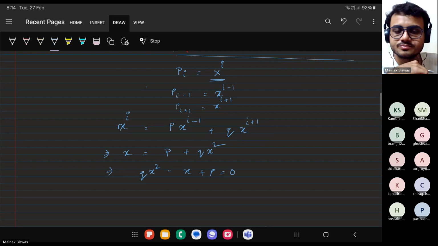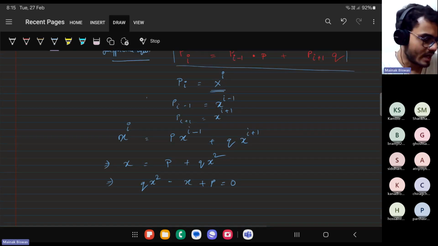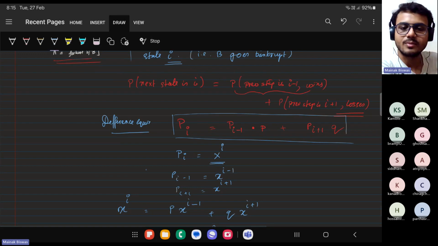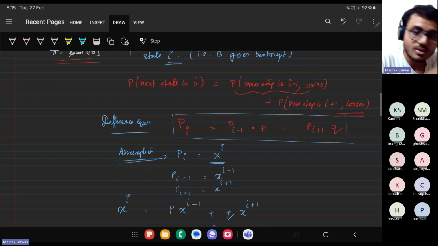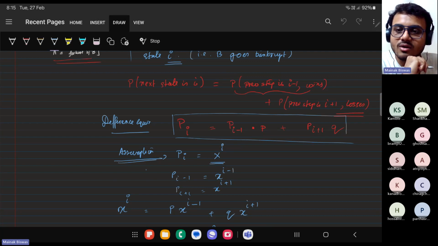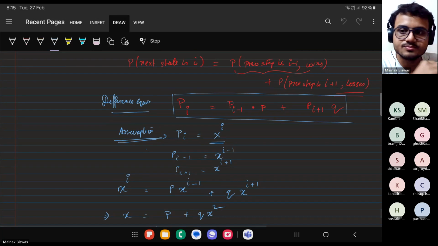Is this okay? Go ahead and ask if you have a problem at any step. This is the assumption for P i, and in a difference equation, this is how it works, just like in a differential equation, e to the power ix works. Any doubt, you ask.